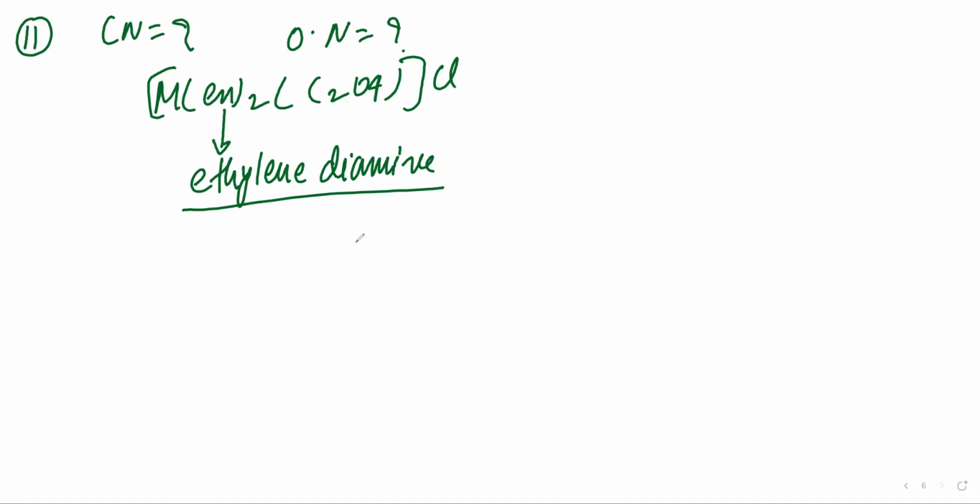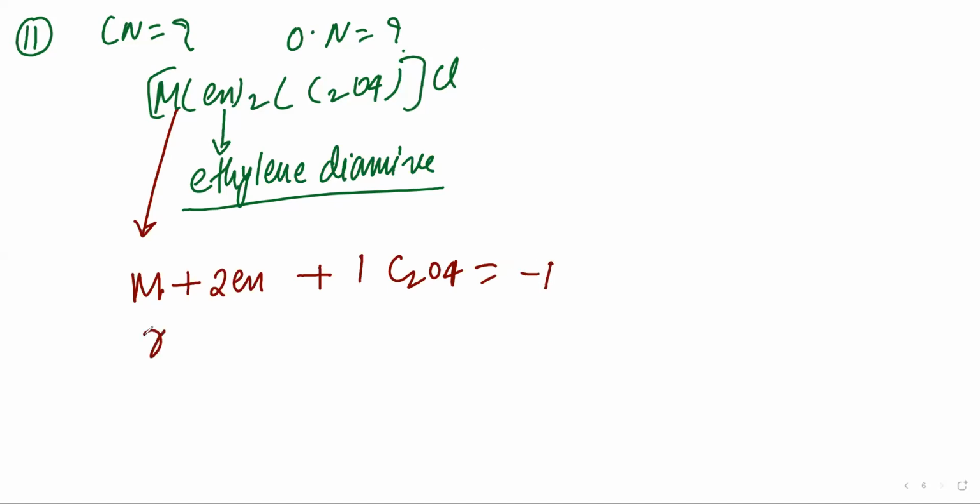So how will you find the oxidation state? For M, I will take x, plus 2 en, then 1 C2O4, and the overall charge is assigned as minus 1. So x minus 2, because en carries no charge, and 1 C2O4 contains minus 2 charge, so it is equal to minus 1.